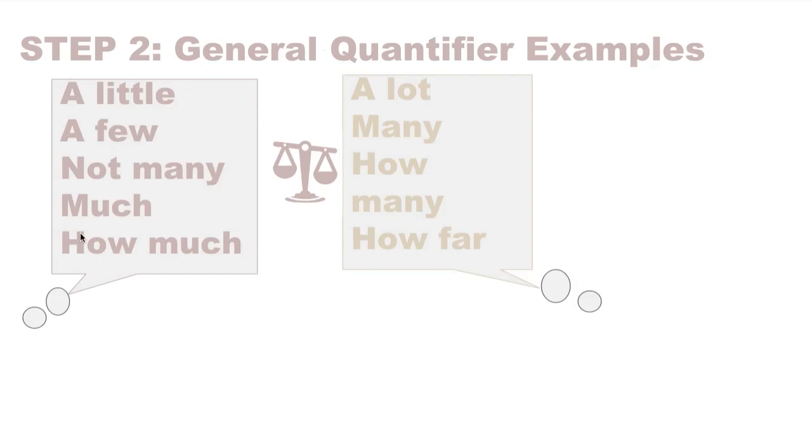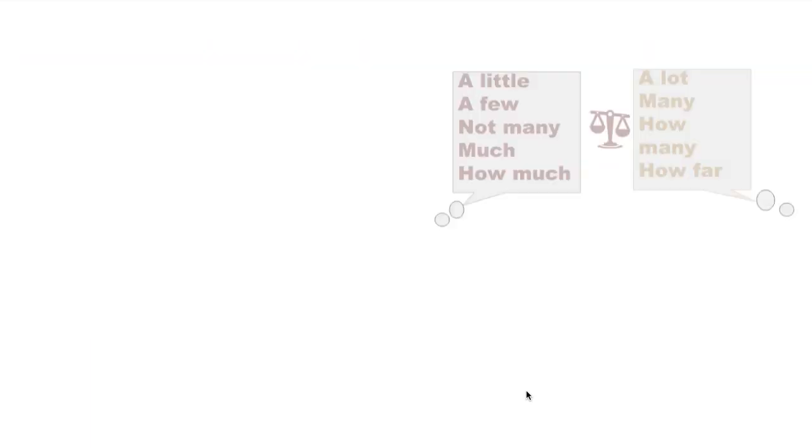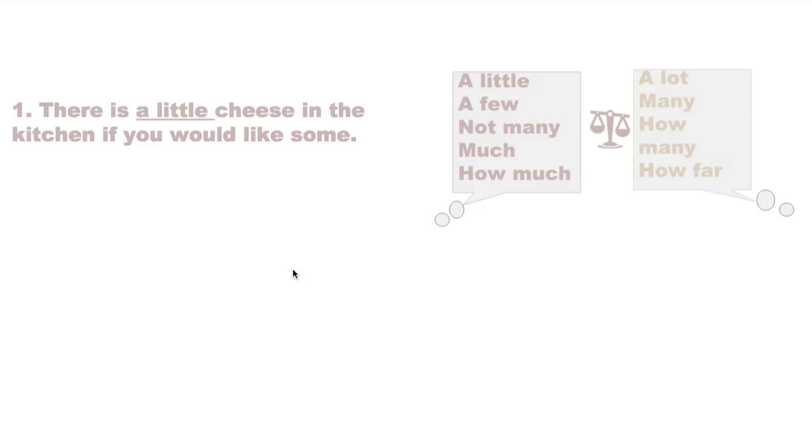If these words are unfamiliar to you, the pronunciation, or you can also look them up on Google Translate afterwards, replay the video, do what you need to get further clarity. So with this in mind, let's look at some sentences that actually include these quantifiers.